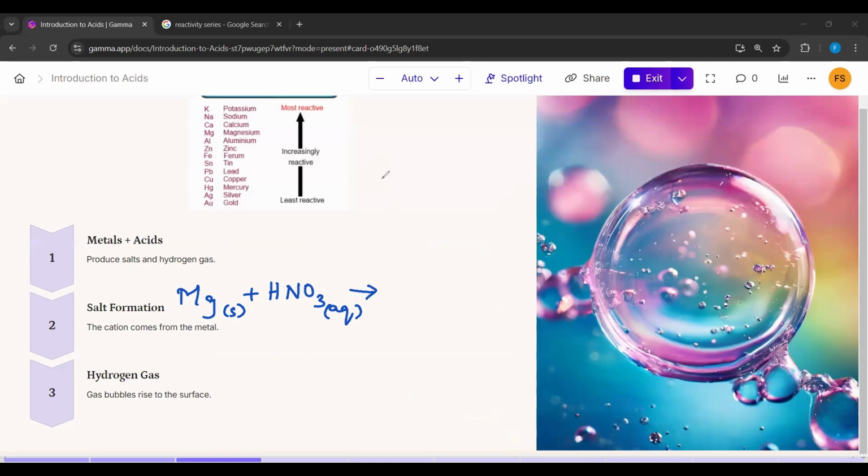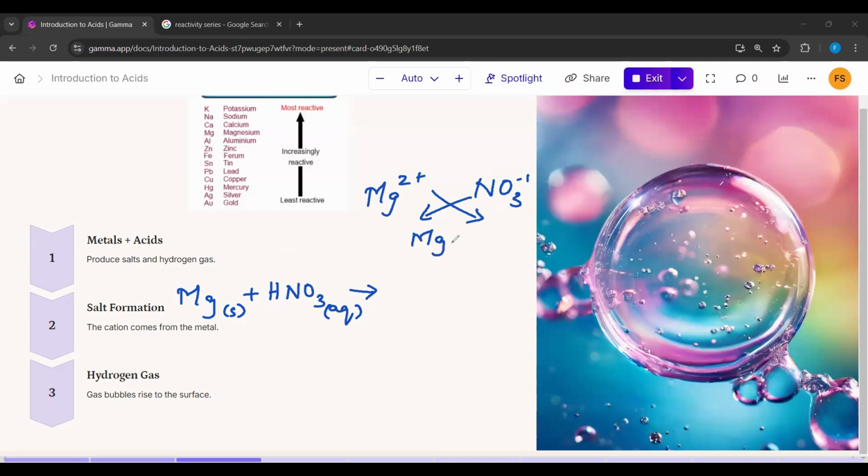Now how are you going to make this formula? Remember, the cation is from the metal, and the anion is from the acid that reacts. So this is nitric acid, so it's going to be a nitrate. So magnesium, what's the valency? It's 2 plus. And what is the valency of nitrate? It's -1.